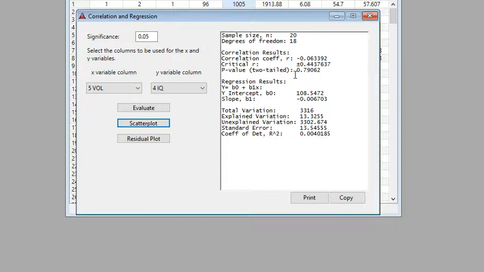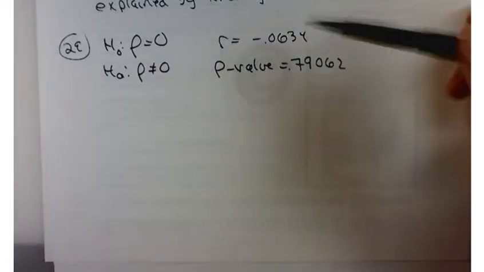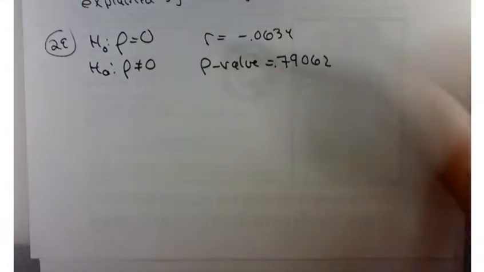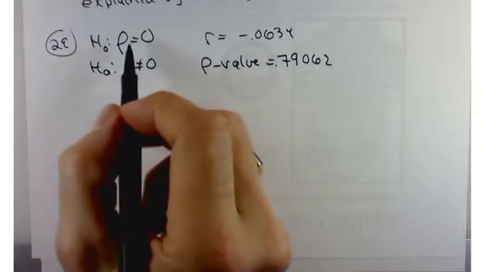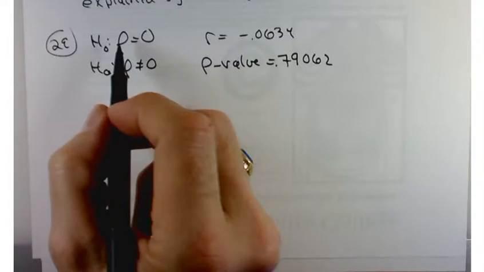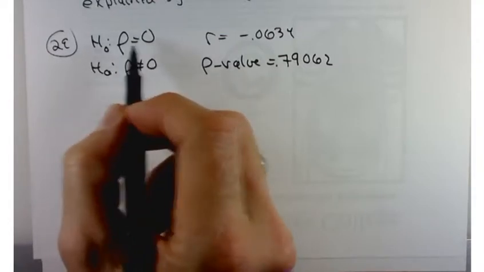So what's that telling me about the test of whether or not this is zero? Can I reject H naught, so that the linear relationship here is essentially zero? Reject or fail to reject? Yeah, fail to reject. Are we close to rejecting?